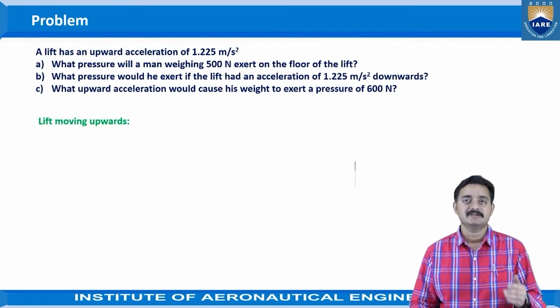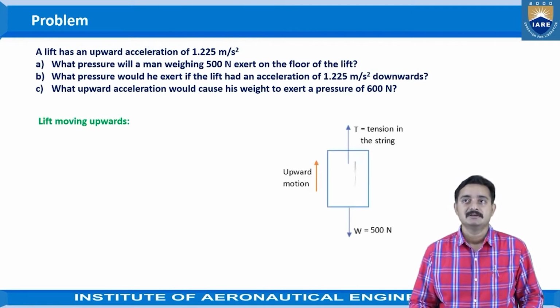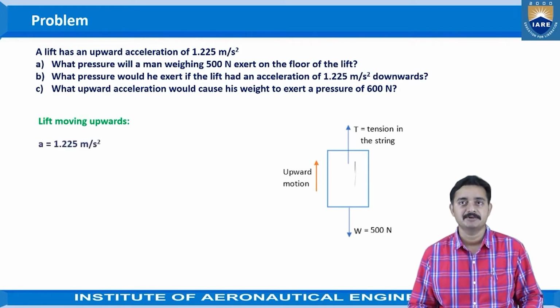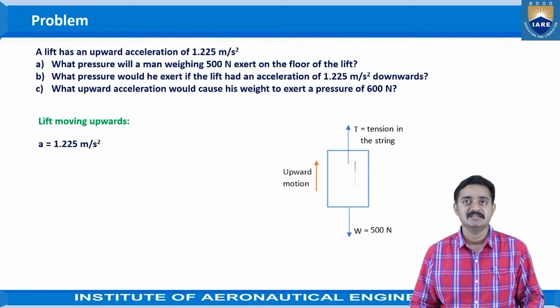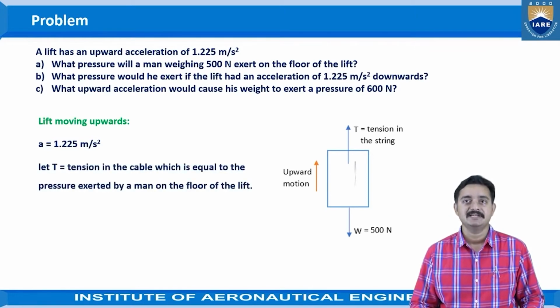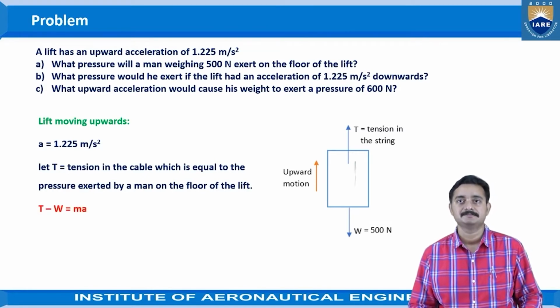Now coming to the first answer, lift moving upwards, we can take the tension in the string T and upward movement with weight of the lift along with the person is 500 newtons. The acceleration given is 1.225 meters per second square. And let T be the tension in the cable, which is equal to the pressure exerted by a man on the floor of the lift.